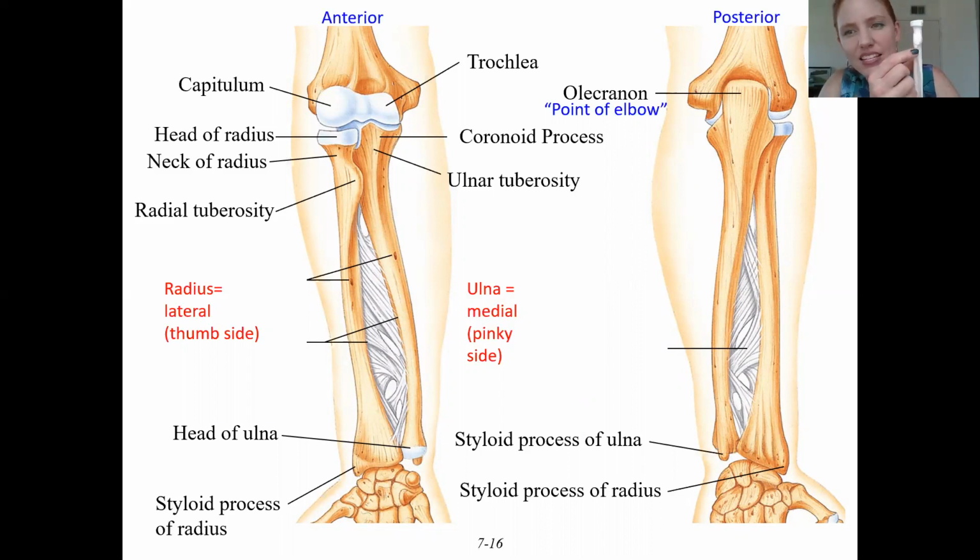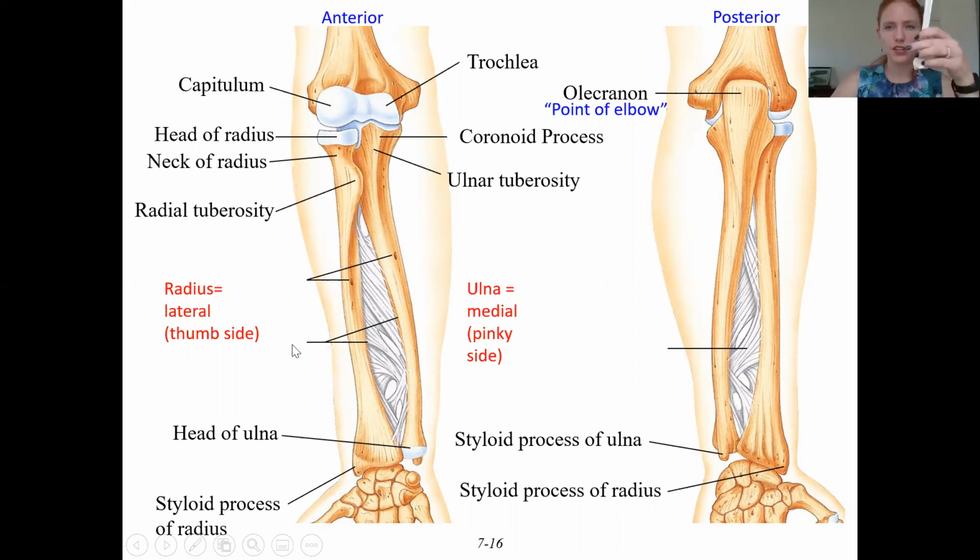What is this? Okay, so that's a tuberosity, and the tuberosity is going to be on the radius. So that is called the radial tuberosity. It is this rather large, pretty distinctive rough bump on the radius.